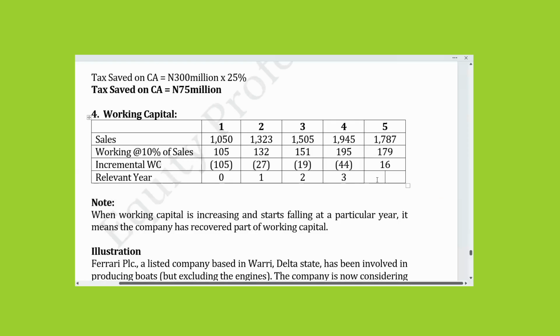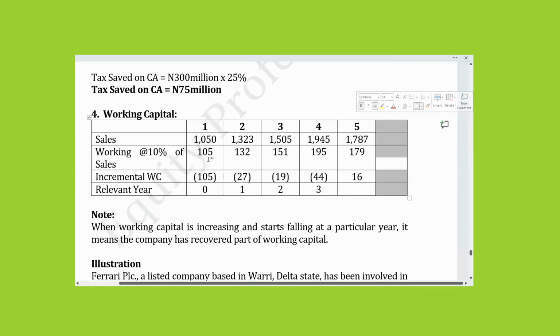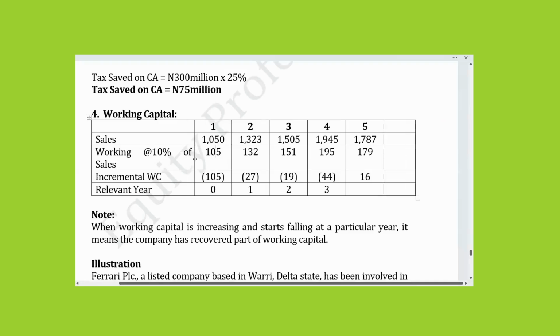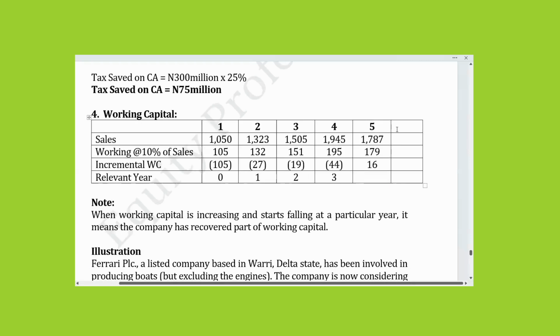So in this case, let me create an additional column for total. So here is total. All right.